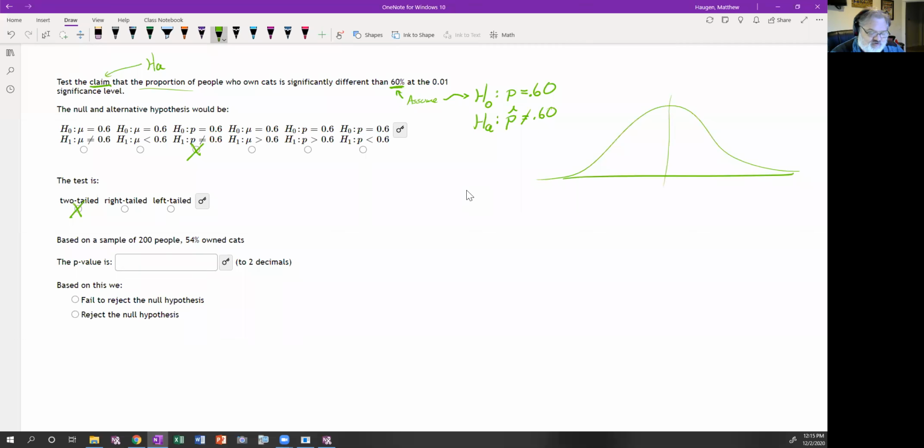You guys know I'm always going to draw our sampling distribution out. So the mean of that sampling distribution is the population proportion, or at least its assumption. And we're two-tail, so we're going to have two tails.